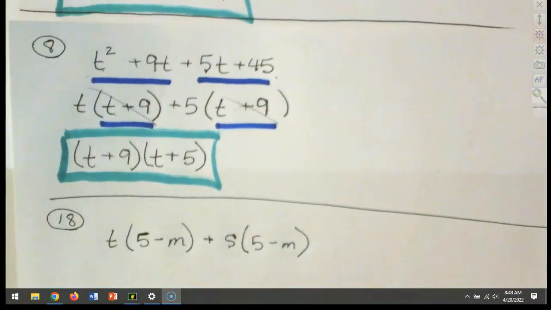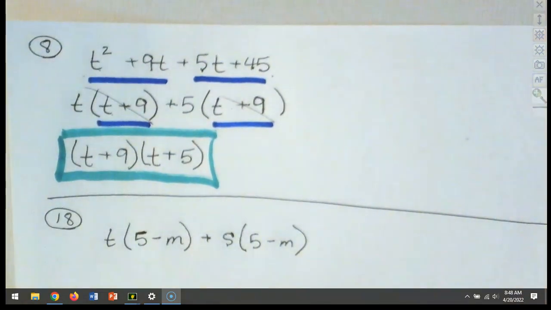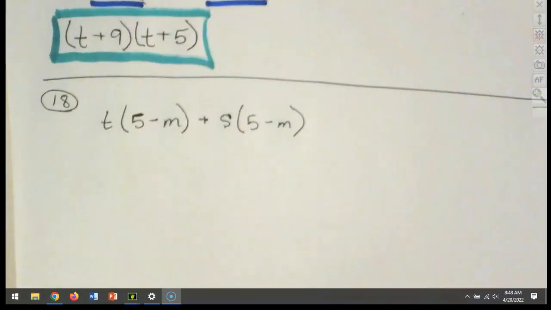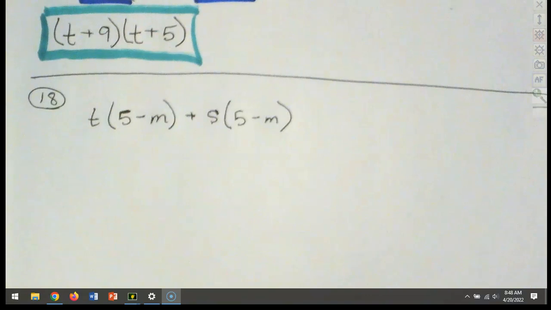A lot of times when we look at a question like this, we just need to see where to begin. Okay, so we know we've got to factor out a greatest common factor. And when I look here, do I see something in common? Yeah. Are these parentheses exactly the same? Yeah, they look exactly the same, don't they?